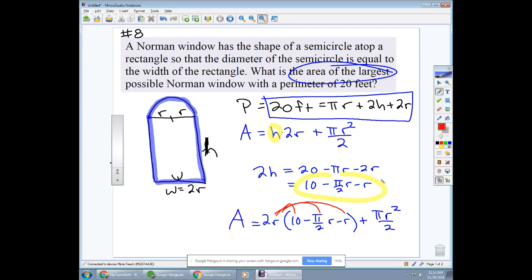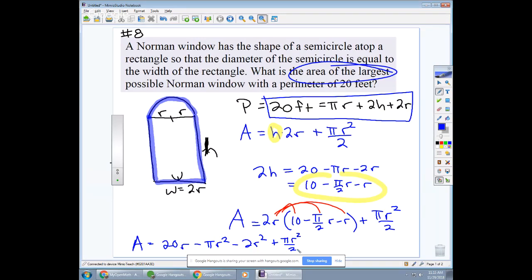What do we get? New color, let's come over here. We get 20r. The 2 and the half cancel there, so that's going to give me a pi r squared, so minus pi r squared. And then minus 2r squared. And then we have that plus pi r squared over 2.